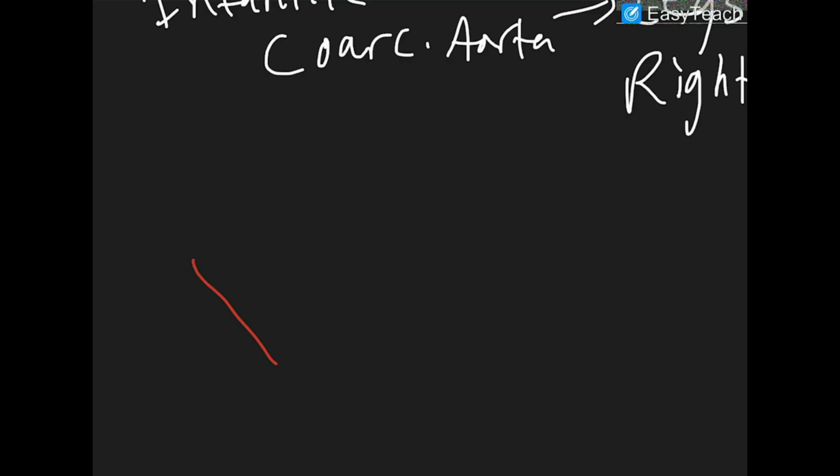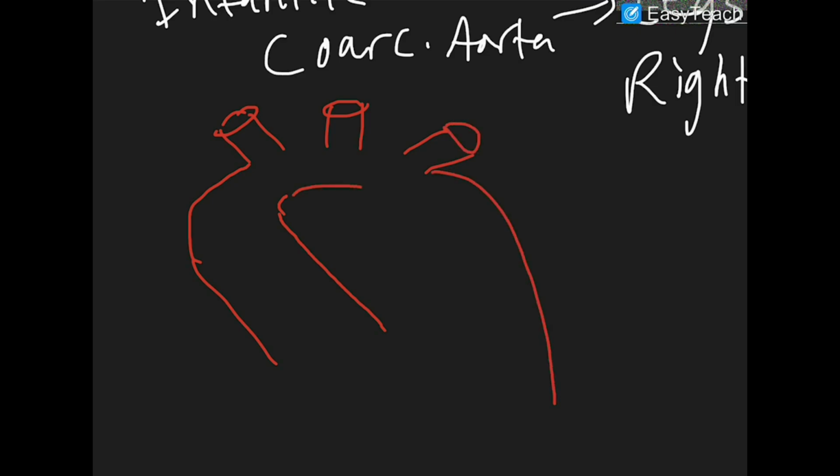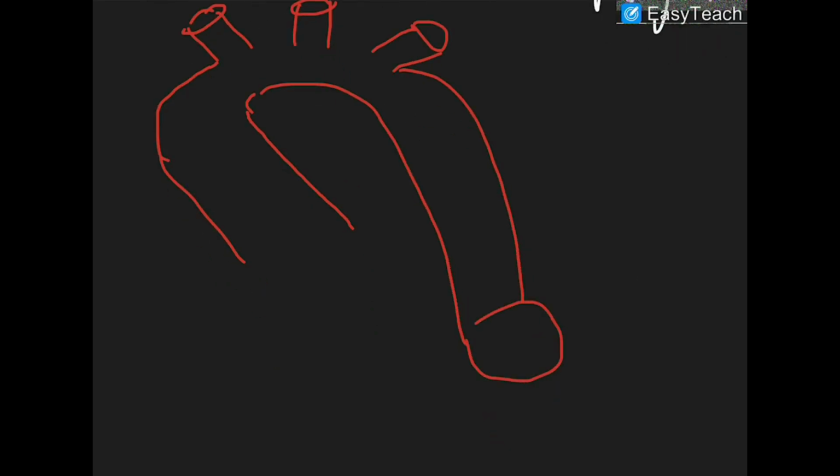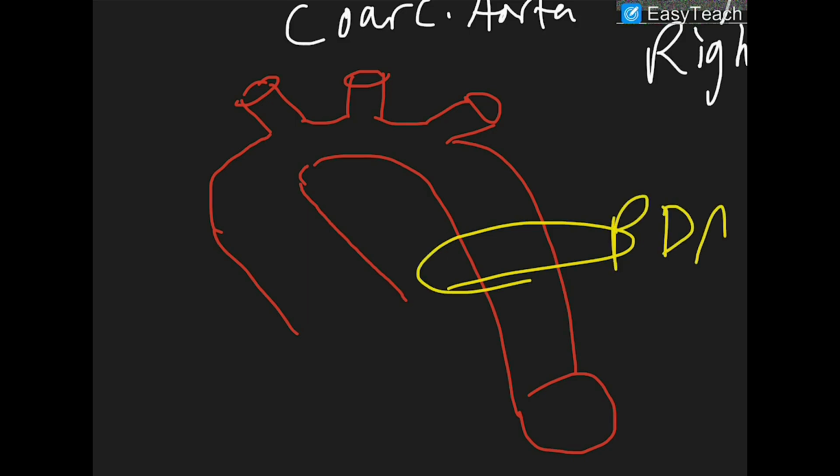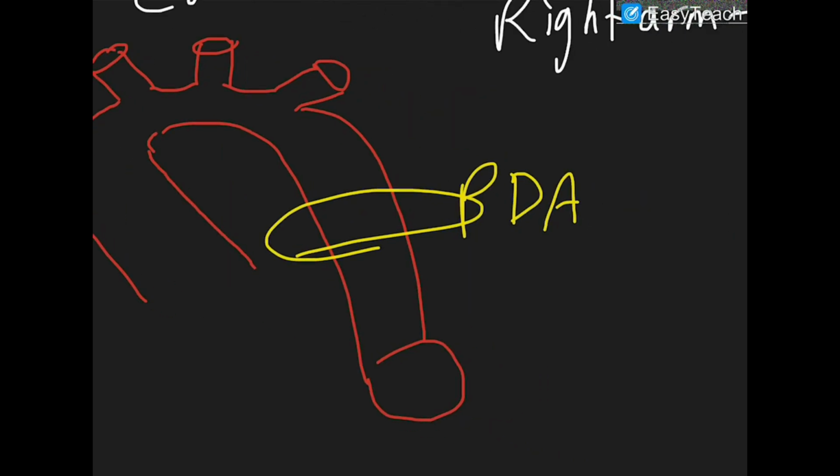If we draw the aorta and its branches, the brachiocephalic trunk, left common carotid, left subclavian, then down goes the descending aorta. Right around here is going to be our PDA, where the pulmonary artery will dump its blood.